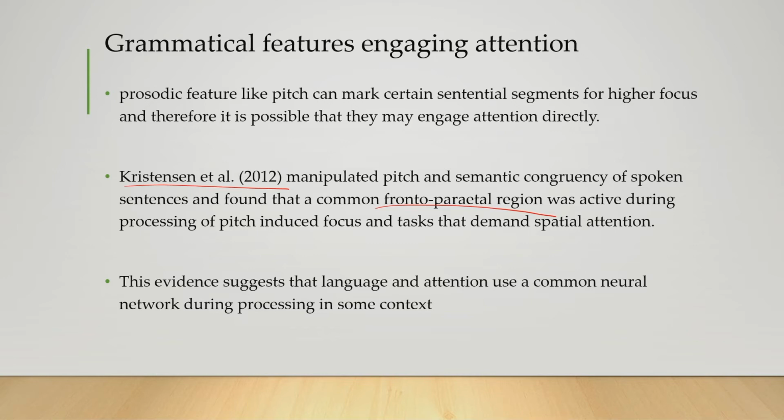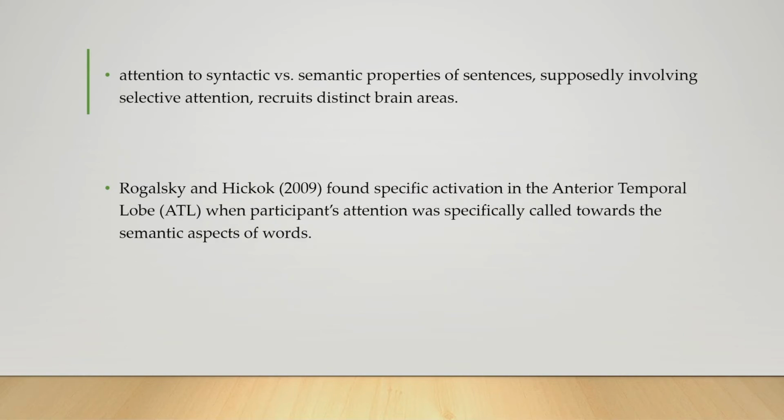So, there has been a study that could connect pitch modulation affecting attentional mechanisms in the brain. This evidence suggests that language and attention can often use a common neural network during processing in some contexts, though not in all contexts. In this particular case, pitch has been the manipulating factor, and it has been found to be engaging similar brain regions.